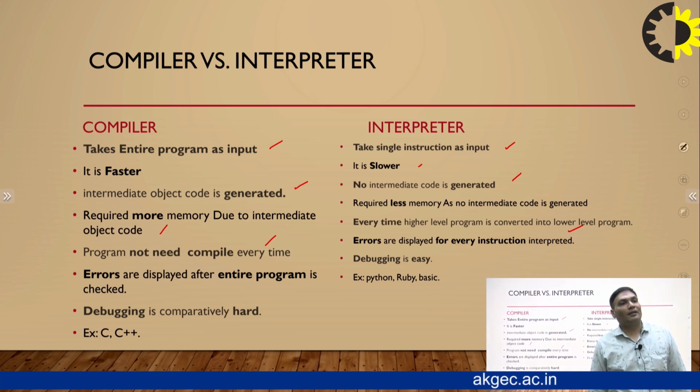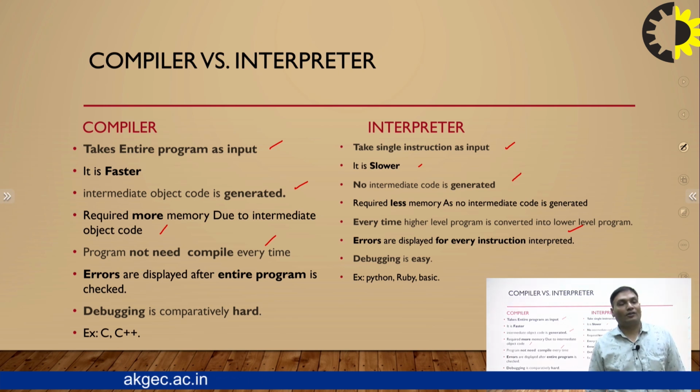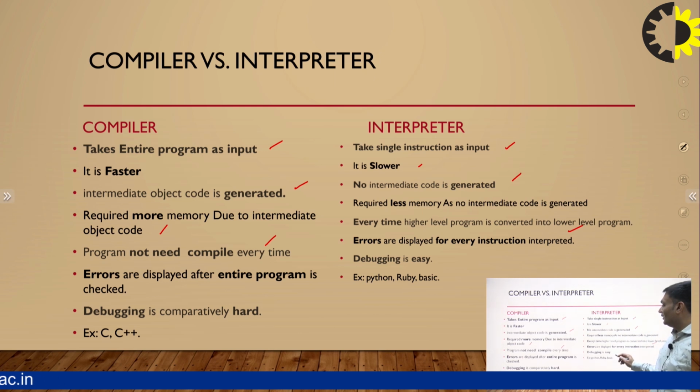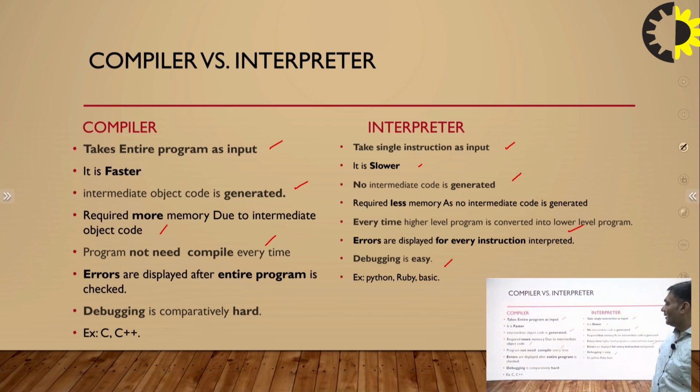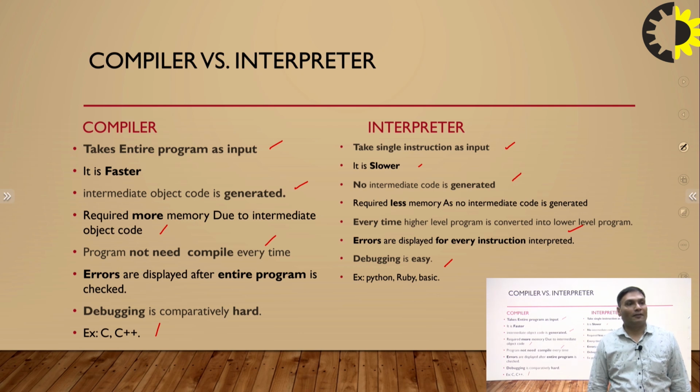In the compiler, errors are displayed after the entire program is checked. Here, if there is an error in a single line or instruction, it will display an error. So, Python or Ruby are perfect examples that use an interpreter, and C and C++ are perfect examples that use a compiler.